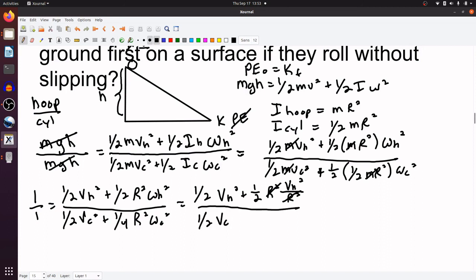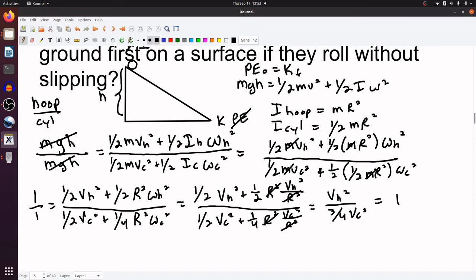And then over 1/2 v_C squared plus 1/4 of r squared v_C squared over r squared. R squareds cancel. All right, so that just gives me 1/2 v_H squared plus 1/2 v_H squared. 1/2 plus 1/2 is 1. So v_H squared. 1/2 v_C squared plus 1/4, that's going to give me 3/4 v_C squared. And recall, they're both equal to 1.